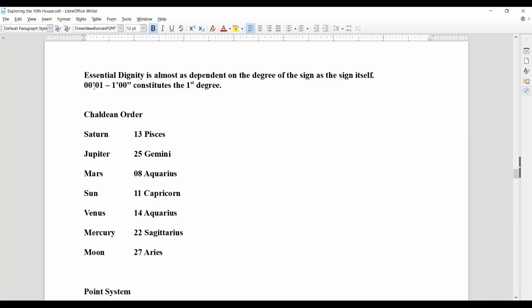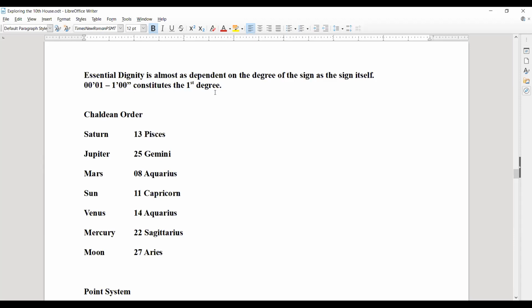Anything between 0:01 and the next point 0, and the next, so anything at 1 minute to the following degree at 0 minutes is in that degree. So as you can see here, 0 degrees and 1 minute to 1 degree with 0 minutes constitutes the first degree.